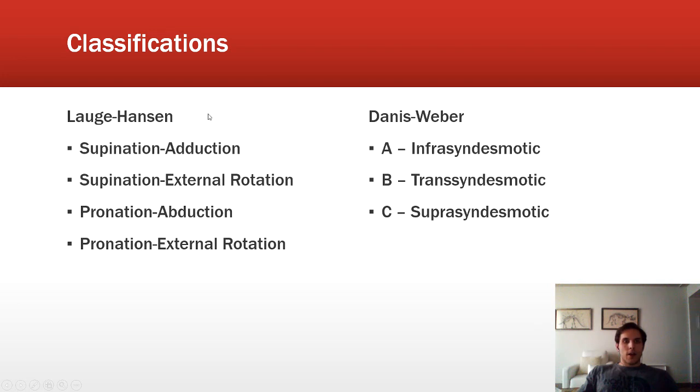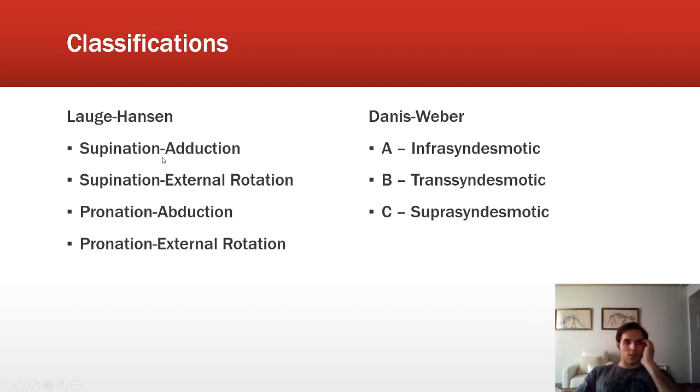The Lauge-Hansen classification describes ankle fractures in terms of the initial foot position, either supination or pronation, and the direction of force applied to that foot position. So you can have either adduction forces, external rotation forces, abduction forces, and again, external rotation forces. So those four combinations are the patterns that are described.